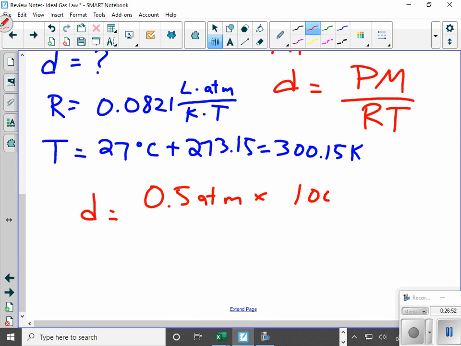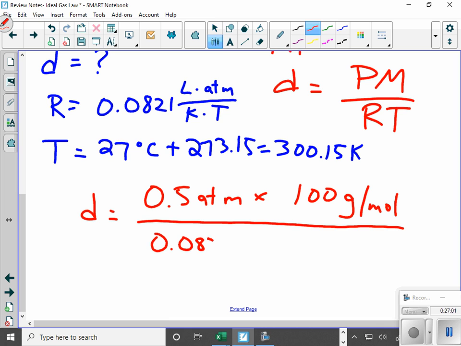M was 100 grams per mole. All over my constant times my temperature.